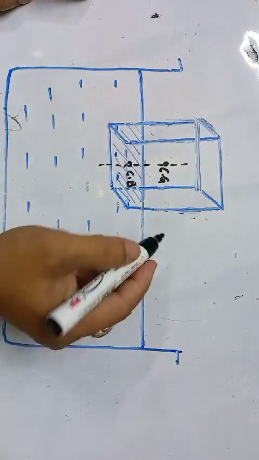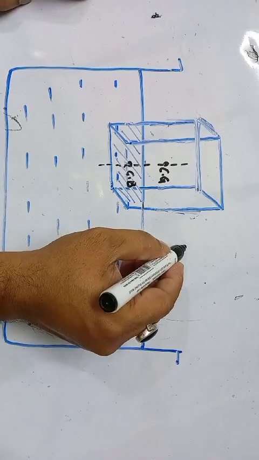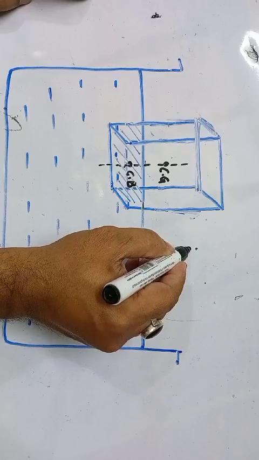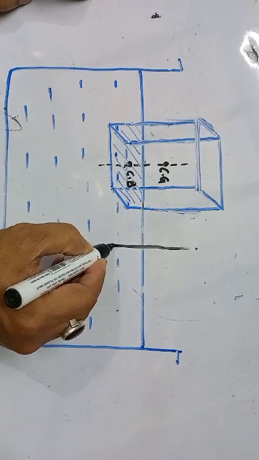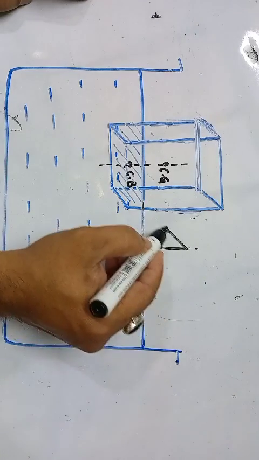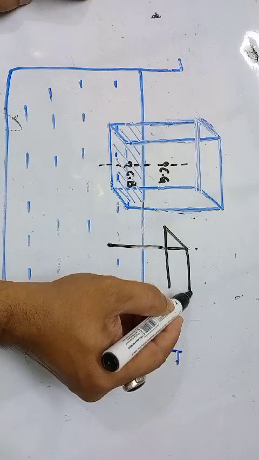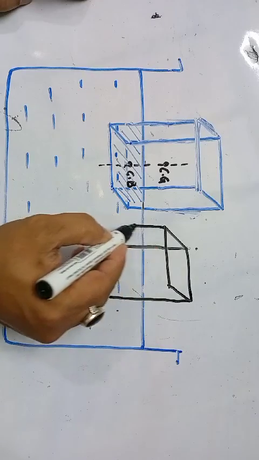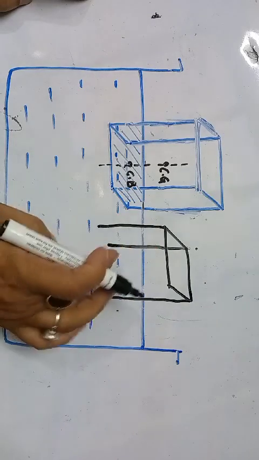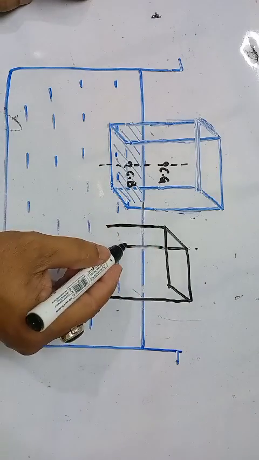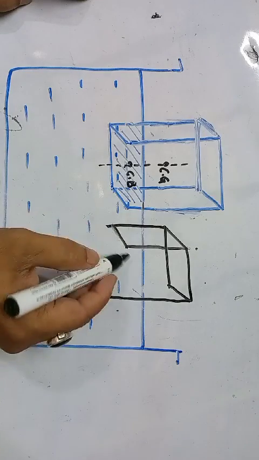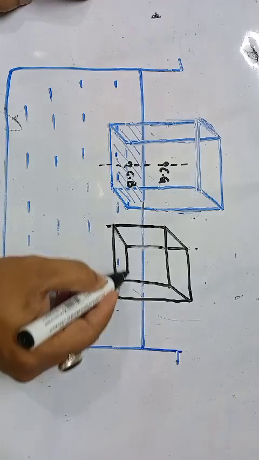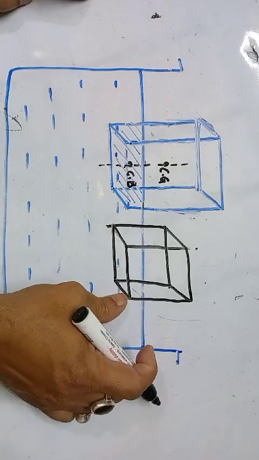Let's say, for example, that you dip this particular solid body into the liquid so that exactly half of it is immersed, only this much portion.